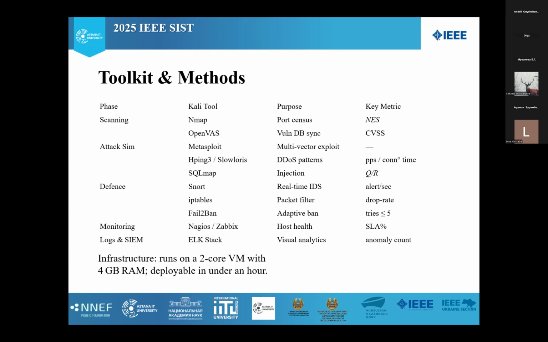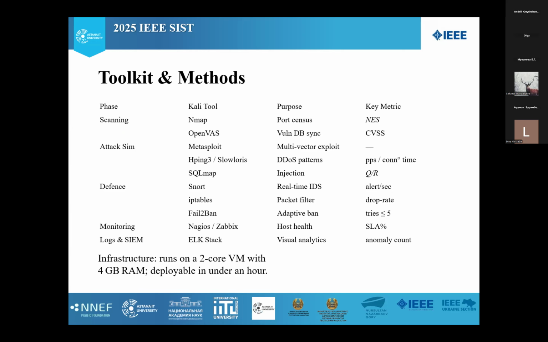So the first method is using different Scala Linux tools. It's also free and open source. For our research, we use a virtual machine launched with 2 CPU cores and 4 GB of RAM.